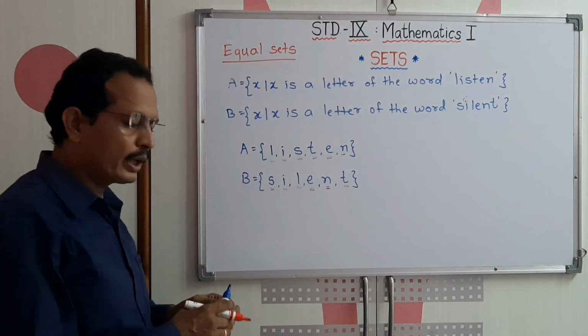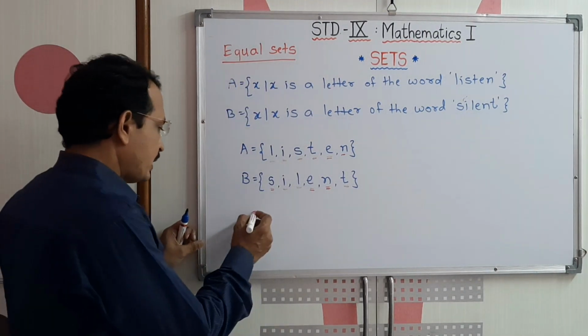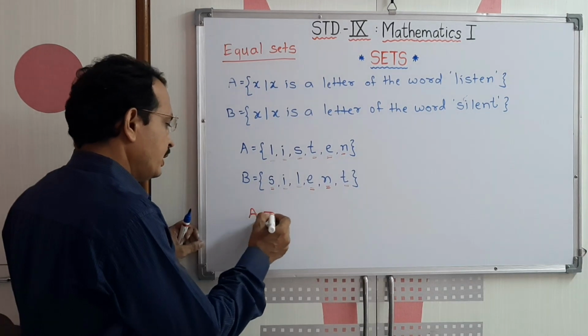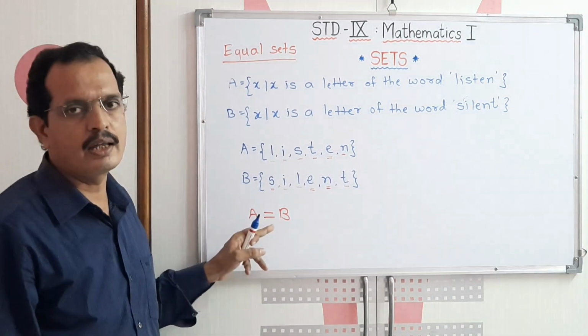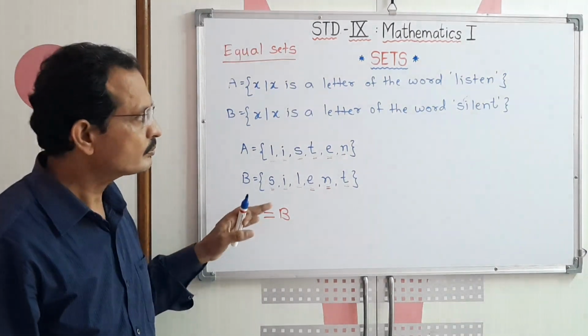Now if we have to write it symbolically, we can write like this: A equals B. That means set A and set B are equal sets.